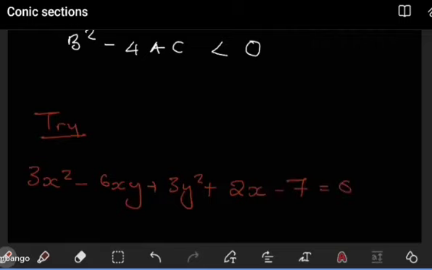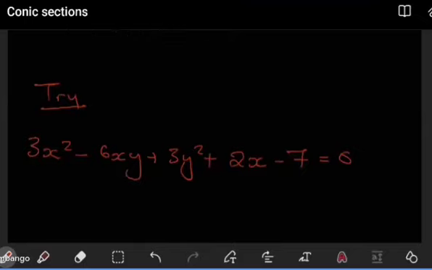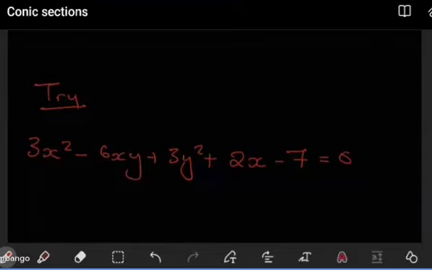Can you use the discriminant test to identify what this conic section is? And if you can, this is going to be later on your own time, also try to eliminate the cross product and see what you're going to have. It might be a little bit tricky, but try to see if you can come to the same conclusion about what the conic section is using the two different methods.